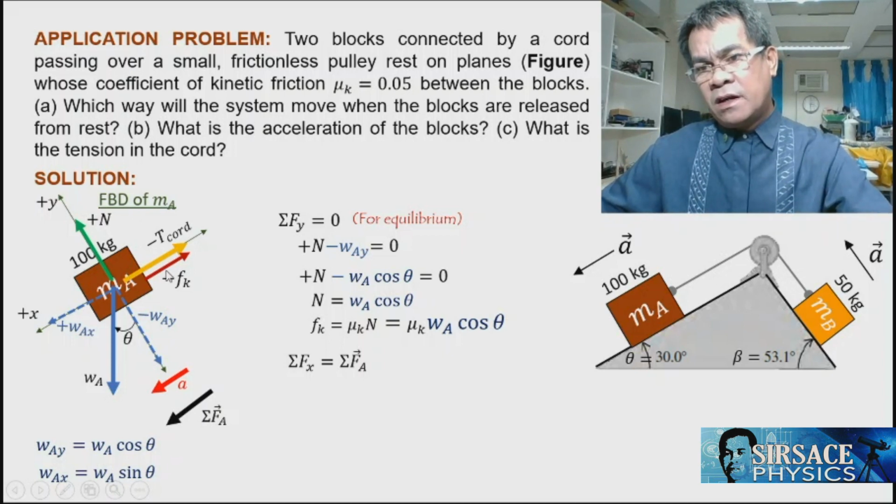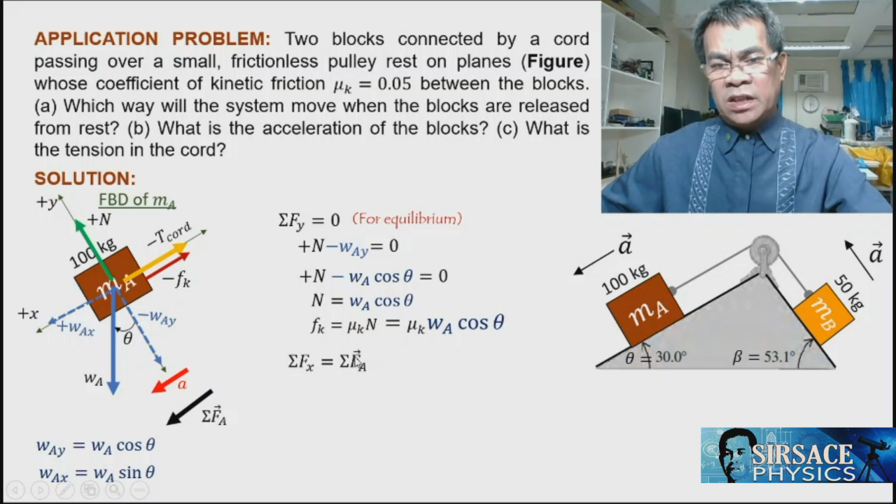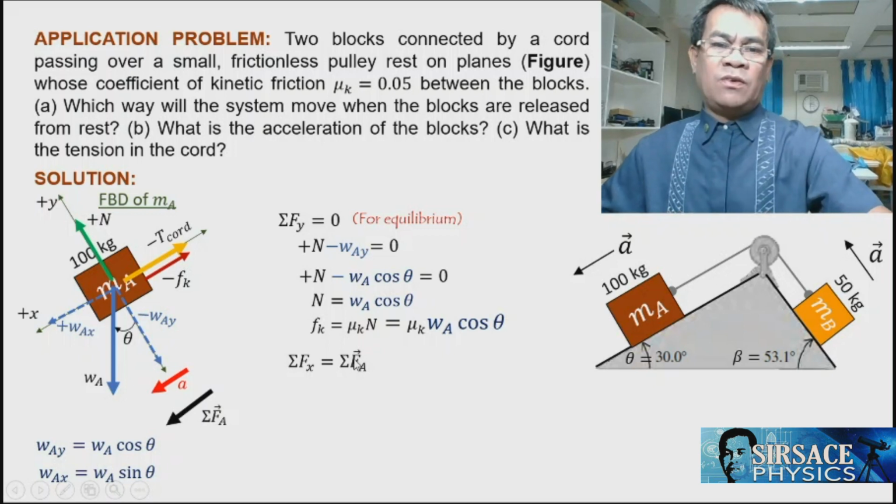There are three forces along this x-axis. They are WAX positive, the tension T in the cord negative, and the kinetic friction, also negative. We need to sum up these three, then equate that with the summation of forces along x.